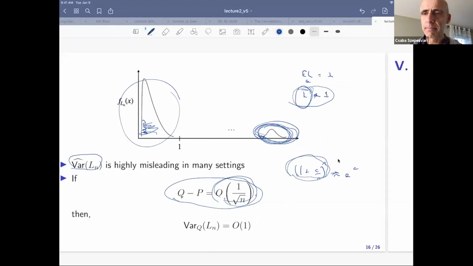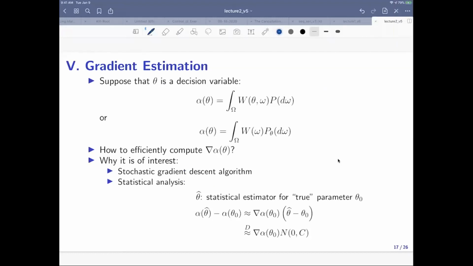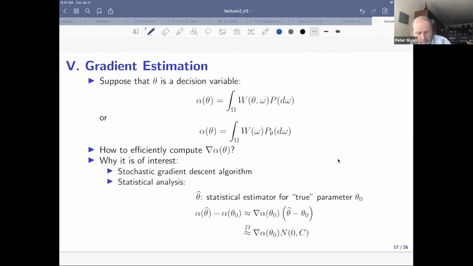Yeah. So I just want to say a bit about gradient estimation. We all know that there are many settings in which you want to compute gradients. And it's important to recognize that there are two ways that gradients can appear in these integration problems. One is that the performance measure W depends explicitly on the parameter that you want to compute a gradient for.